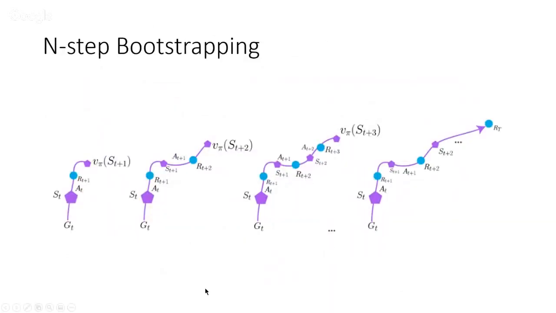So in your critic network, instead of just computing v pi of s t plus 1, in some algorithms you see networks computing v pi for more steps, so they don't rely on just one step. They will go for two steps or three steps or some n steps. That's why it's called n-step bootstrapping.